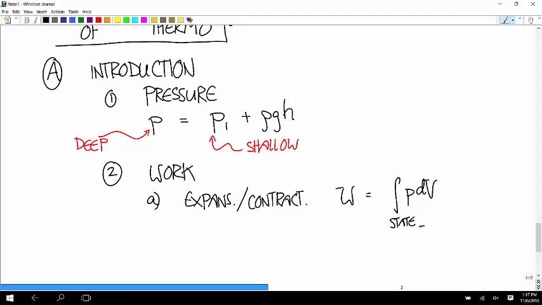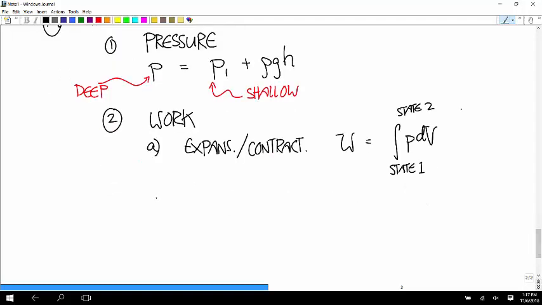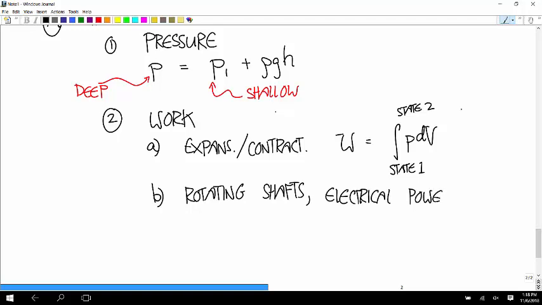And that goes from state 1 to state 2. I'm not going to put down equations, but remember that work also includes things like rotating shafts that are being powered by the system or putting work into the system, or electrical power. So those are really the main things that you have to include as the work.